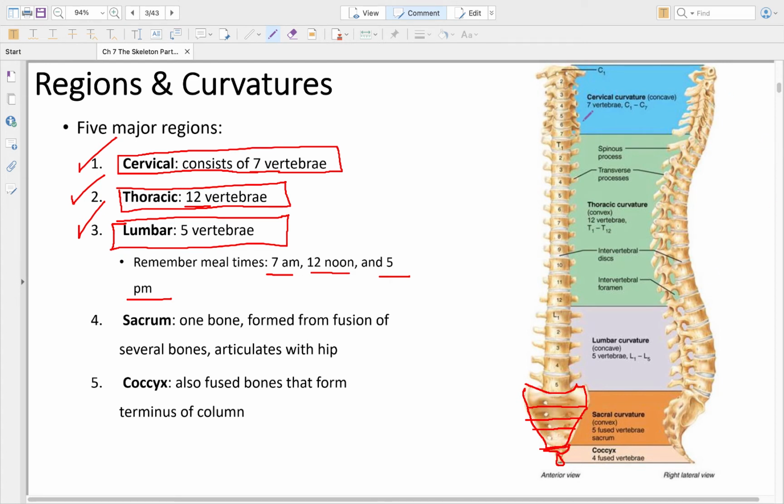If we look at the lateral view, I want you to pay attention to the curvature. Obviously the head is right up here. So this is the C1, C1 to C7, and it makes a concave type of curvature. Then the thoracic column, the T1 to T12, makes a convex curvature, so basically it's sticking outward.